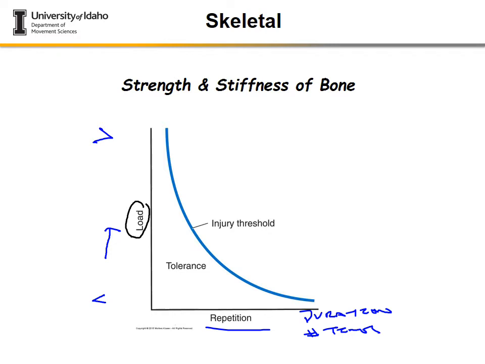The component is this: as you have a greater load, you need to have a lower repetition or duration to be in this tolerance. The tolerance zone is the healthy area where the structure can respond and not break. Anytime we go to the right of this line, we are now in the injury section. So the idea is to have the magic combination of load versus repetitions, duration, or number of times to keep you in that tolerance zone.